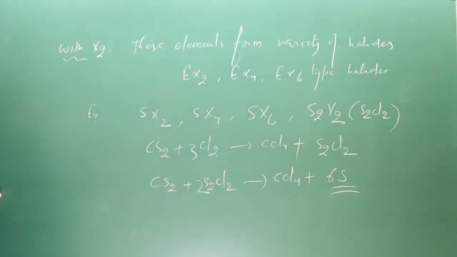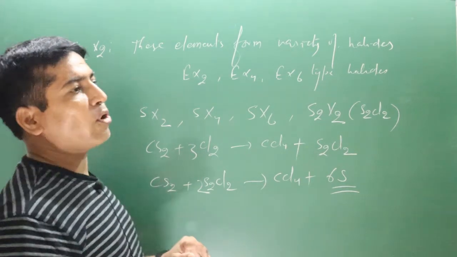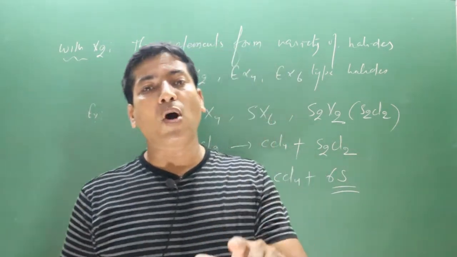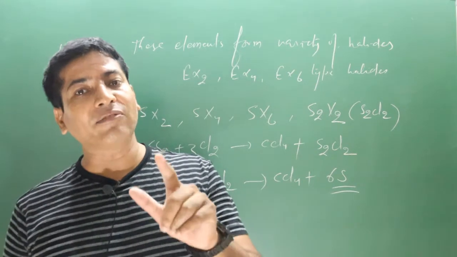Always keep in mind the stability of these halides decreases down the group due to increase in bond length and decrease in bond dissociation enthalpy of halides.